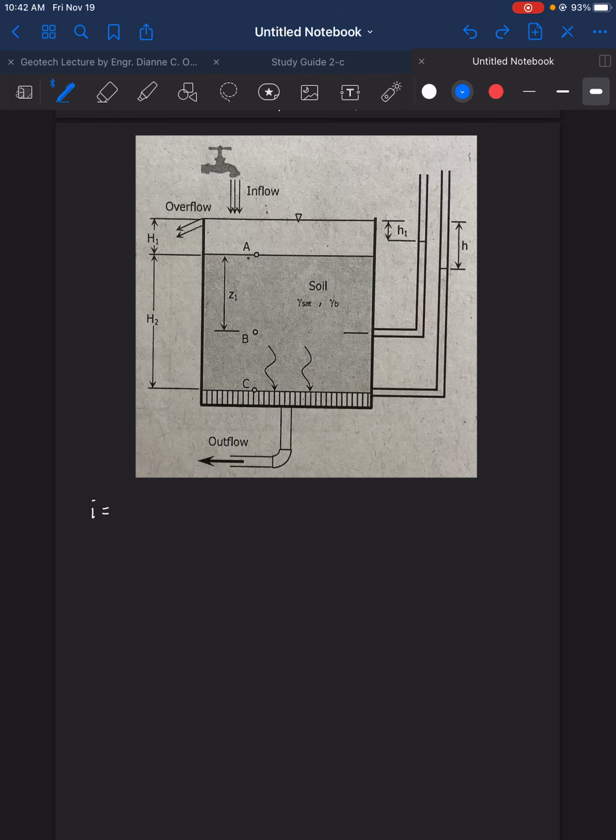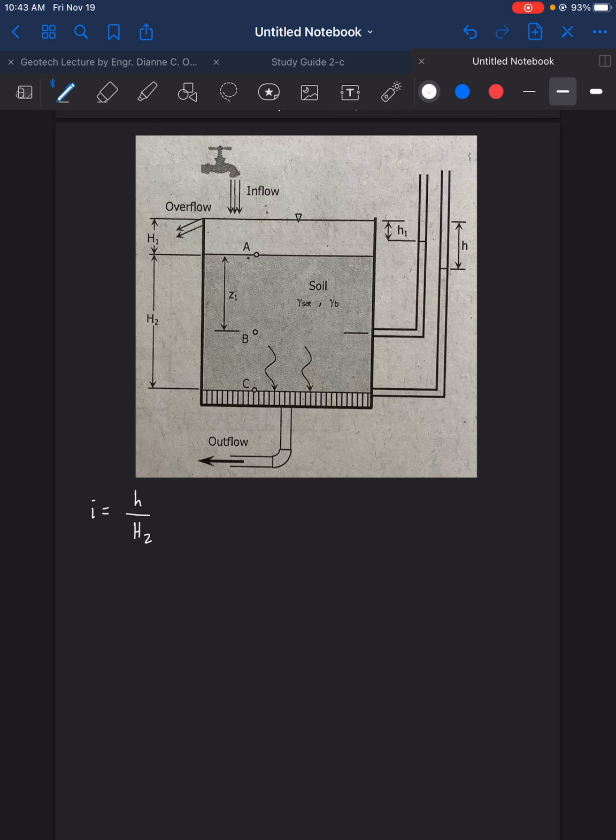And then we have the total height of the soil, H2. So we now have our hydraulic gradient for the entire system as H, small h, the difference of the water level from the tube and to the inflow. So we have H over H2.